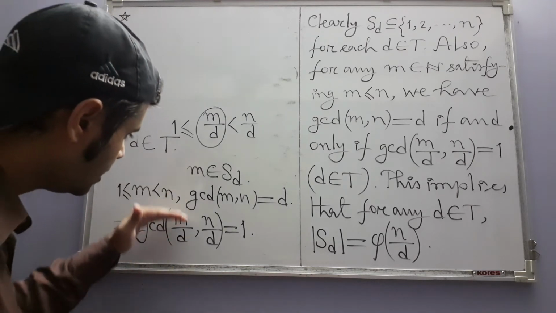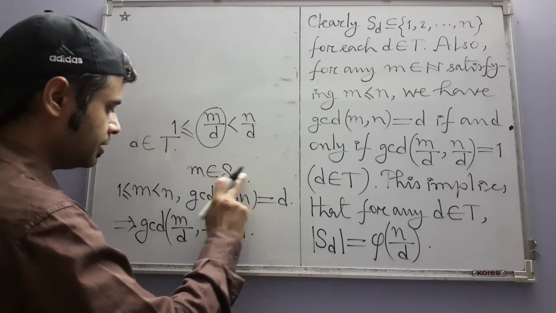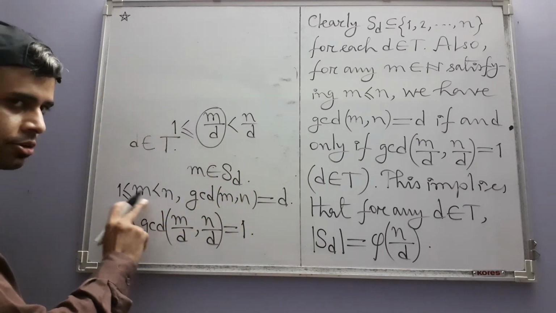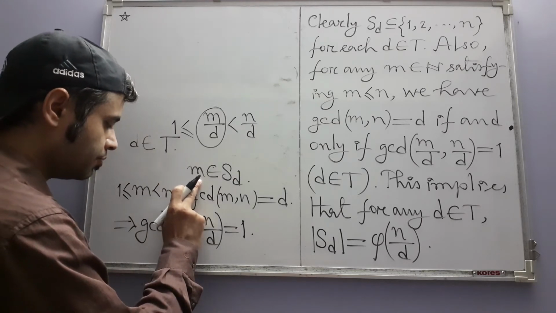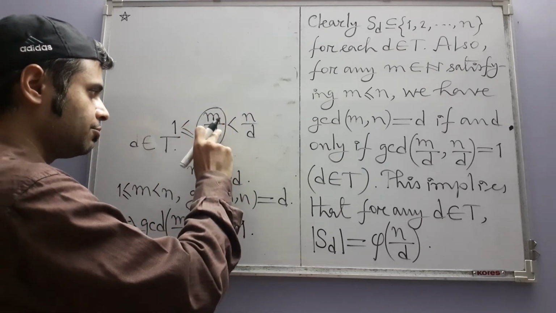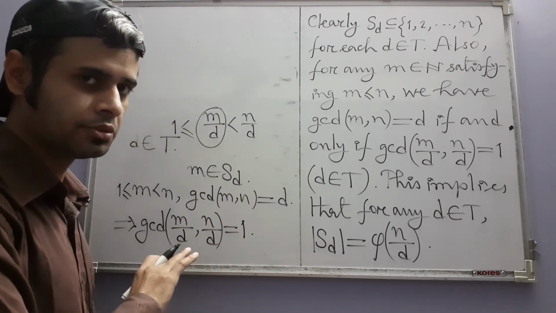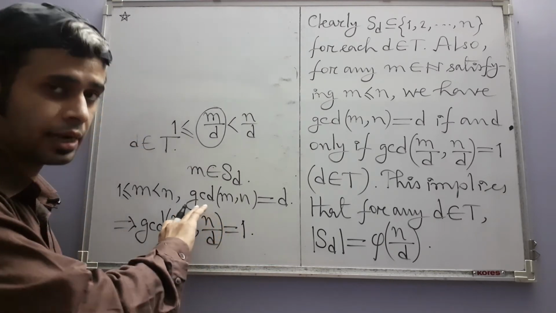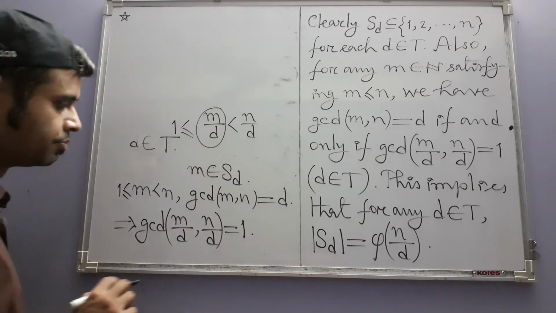So what we see here is that if M belongs to SD, and of course this condition is true, then corresponding to such M, there is a positive integer less than N by D and relatively prime to N by D. The converse is also true.